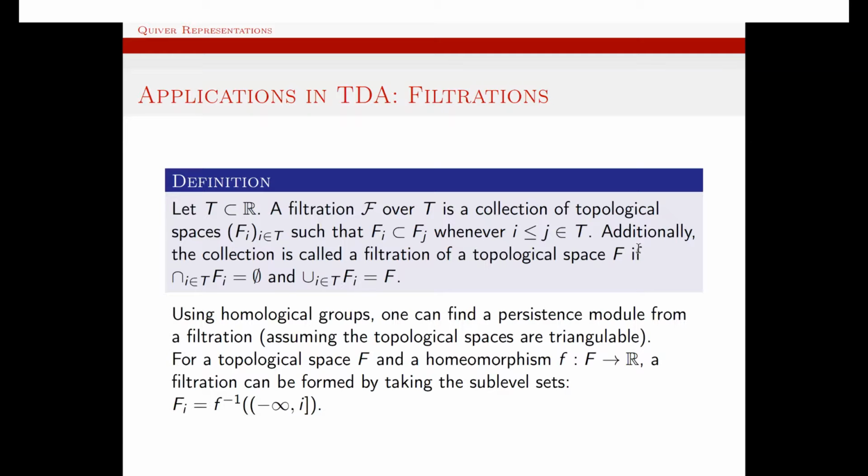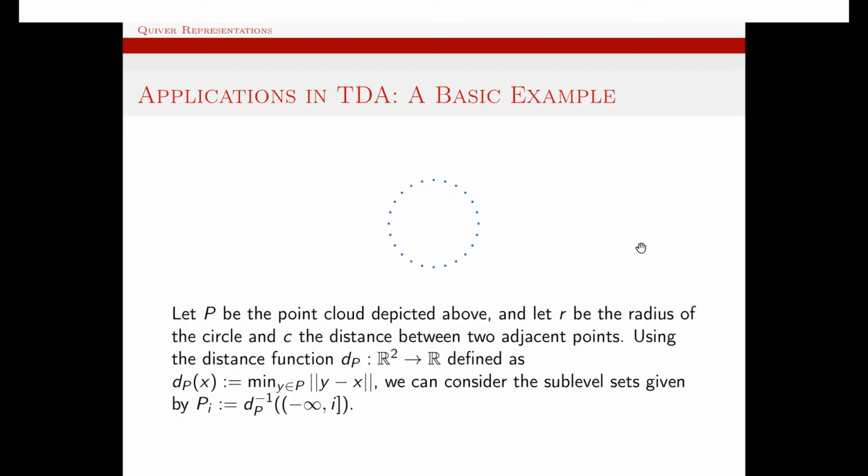And so for example, we can take what's known as a point cloud, which is just a set of points. In this case, we'll take ones that are in the shape of a circle of radius r, and they're equidistant, and for the distance between any two adjacent points we can use c to represent that.